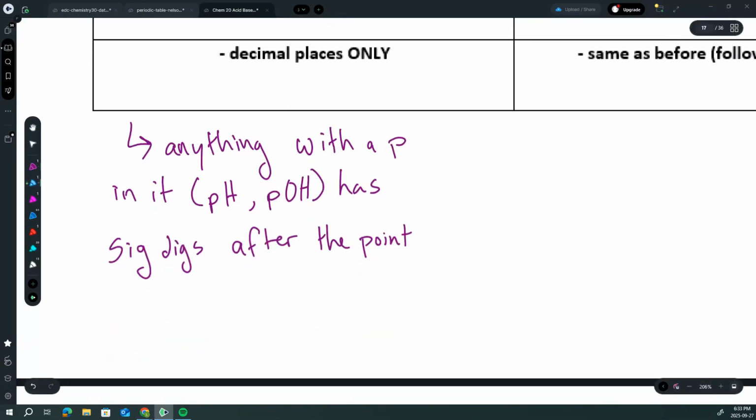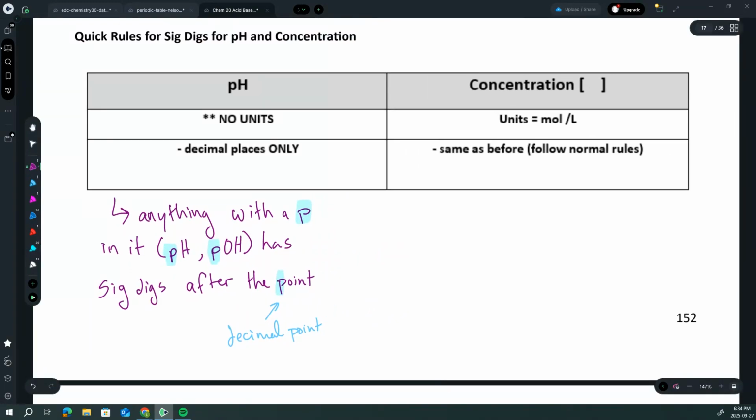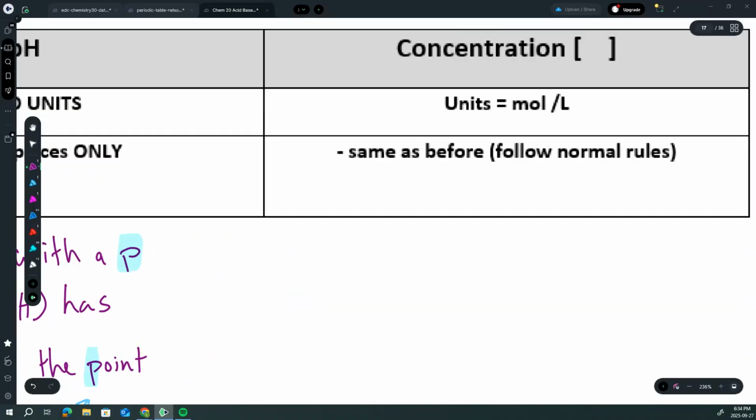By this I mean the decimal point. So extra emphasis on the P for all of this here. And for concentration, that word does not have the letter P, so you look at the whole number.